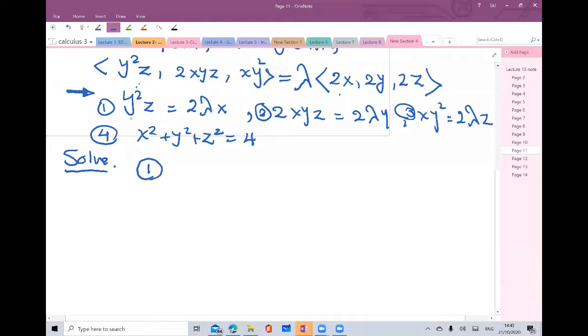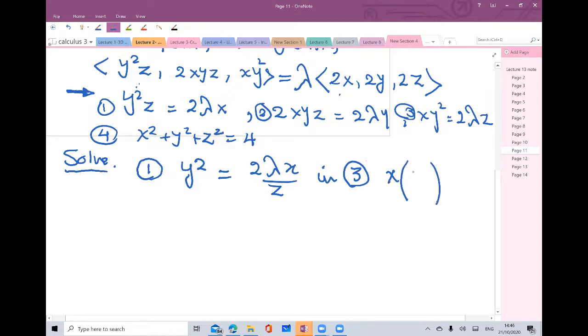I'm gonna use equation 1 to find the formula for y squared. It gives me 2 lambda x over z. I'm gonna substitute this in equation 3 because it has y squared. So I get x times the y squared term, 2 lambda x over z, equals 2 lambda z.